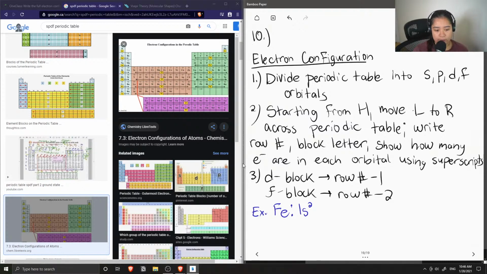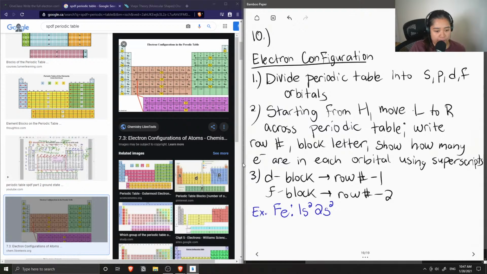So we write a superscript of 2. And this only brings us to the electron configuration of helium. But now we move on to the next row. So row number 2, the block letter is 2s, and then there are also 2 electrons in that orbital.